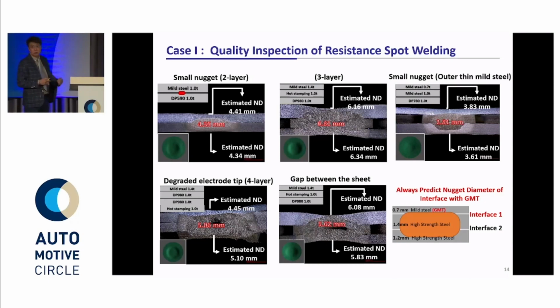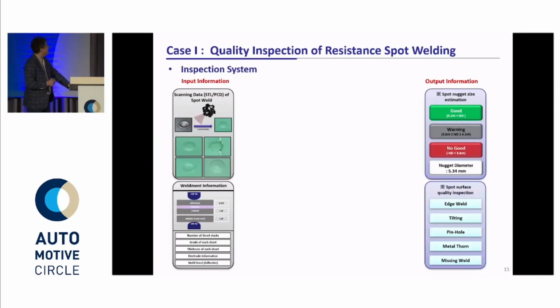So with this kind of validation, the input data will be this point cloud data or STL from the scanning. And what we additionally need, because of the complexity I introduced a few slides back, is electrode tip information, material information, thickness information, and also adhesive information.